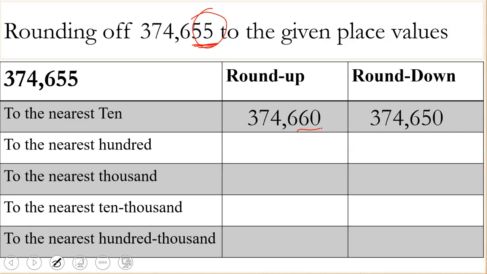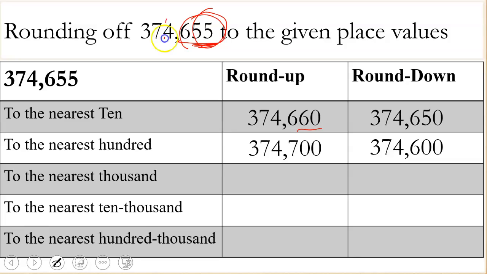Then when we say to the nearest 100, we are taking the whole of this. So 600 or 500 or 200, I mean, those are the hundreds. And so if I say 655 and I'm going up, I'll go to 700. Okay, and when I'm coming down, I will say 600.